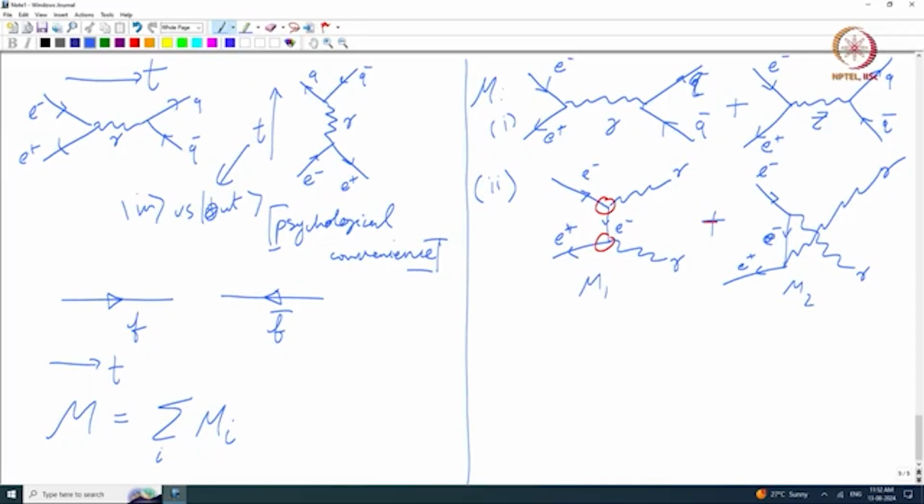Why? Because, and this is what I wanted to illustrate, again remember these are representations of the transition amplitude in momentum space, right. That means I have to work with momentum labels, correct. In other words, I can assign this state momentum P1, let me call this P2, I will call this P3 and I will call this P4.